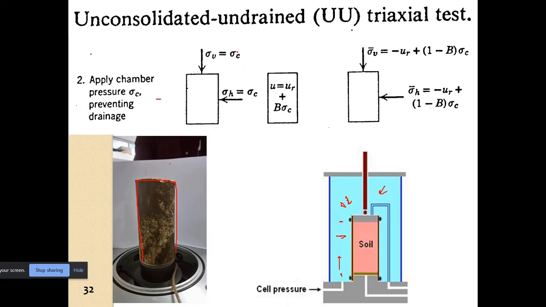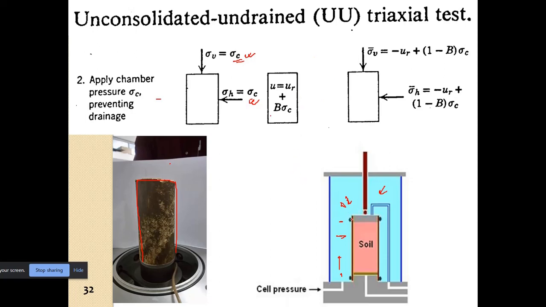As soon as we put the cell pressure, that is sigma C, sigma V and sigma H on this sample will be the confining cell pressure, whatever we are applying. Now there will be a change in pore water pressure. That will depend on the parameter B. We will see what the parameter B is in the next slides.